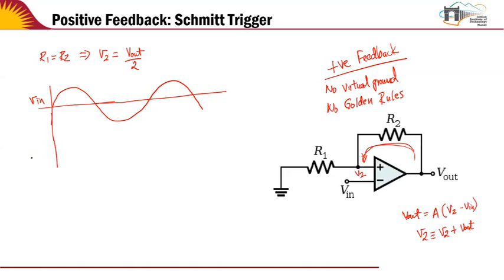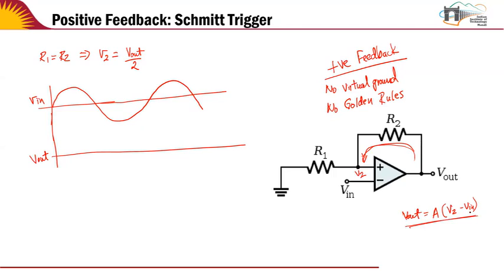Then what's going to happen to Vout? If Vn is a positive number, then it goes to the negative terminal, so the output is some value minus a positive value. As in this equation, Vout is A times V2 minus Vn.